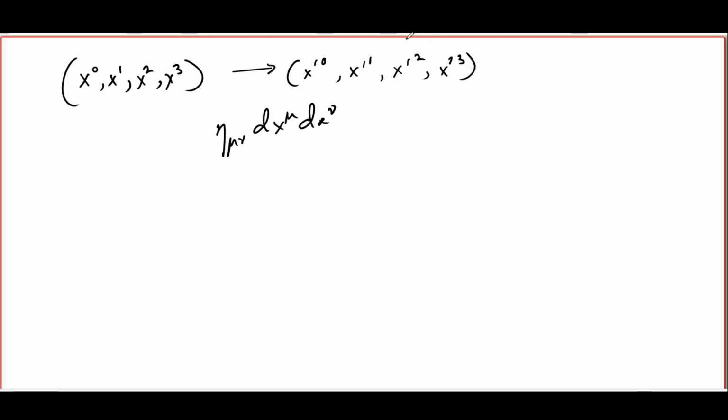In fact, the most general form that you can write down for such a coordinate transformation is the following. X prime mu is lambda mu nu x nu plus a mu, where a0, a1, a2, a3 are constants and lambda mu nu form elements of a constant matrix.